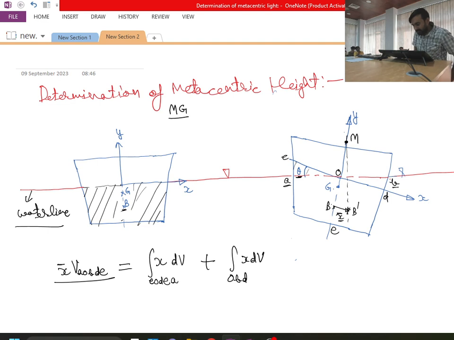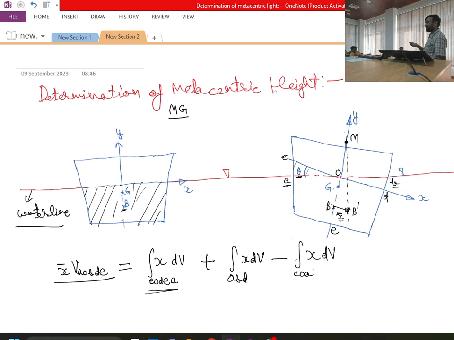And because earlier I have taken this total volume, this portion COA is nothing but extra volume which is included in this particular first term. Okay, so as this extra volume is included, I have to subtract it over here. So minus x times dV over COA. Is this point clear?